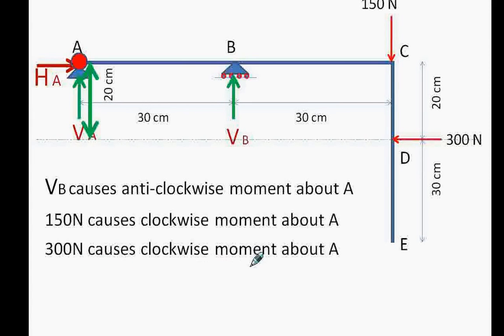So VB is anti-clockwise, the 150 is clockwise and positive, and the 300 is also clockwise, that is also positive.